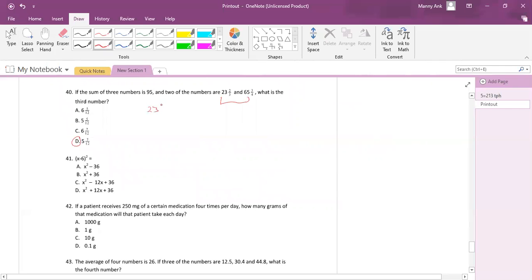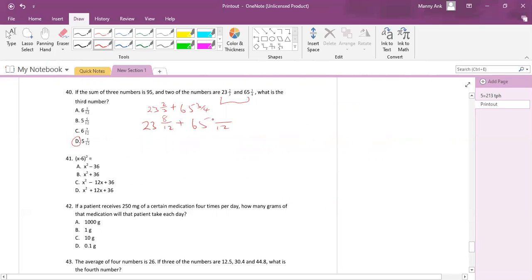So 2/3 plus 65 3/4. Add this up first, right? LCD will be 12. So 23, this will be 8 plus 65, 12.